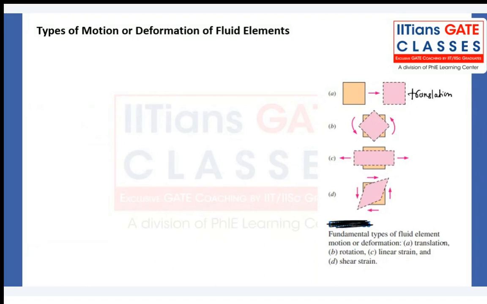B is a rotation. C is linear strain rate, and this is shear strain rate. We use the term rate in notation because in fluid mechanics the rate of deformation is important rather than the deformations.